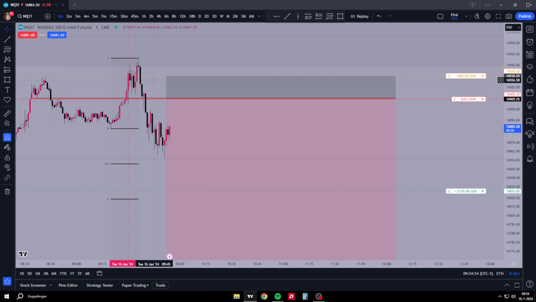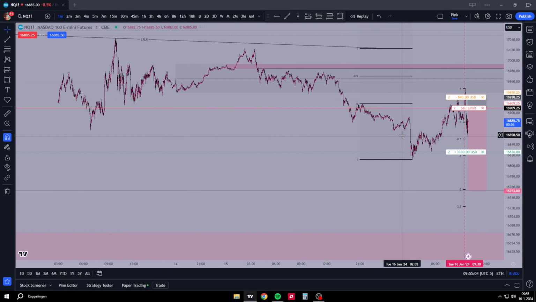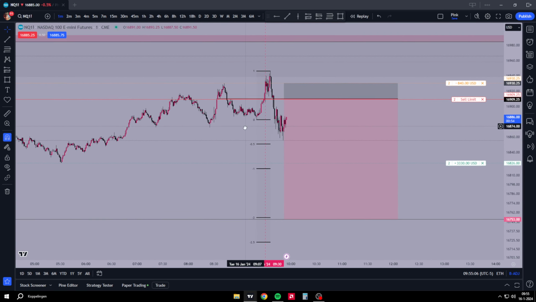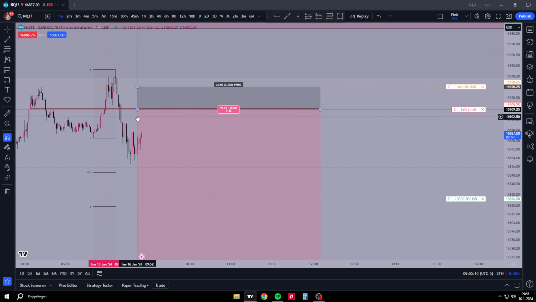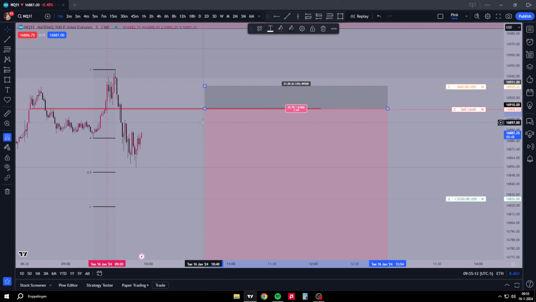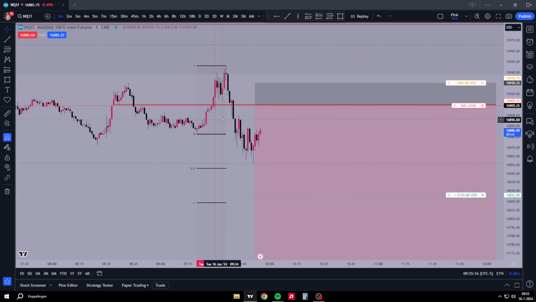All right, let's see what we do. 10 a.m. is where everything is gonna go better. Kind of accumulating right now as well.